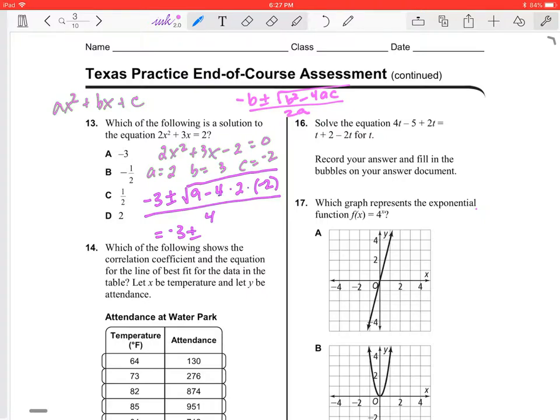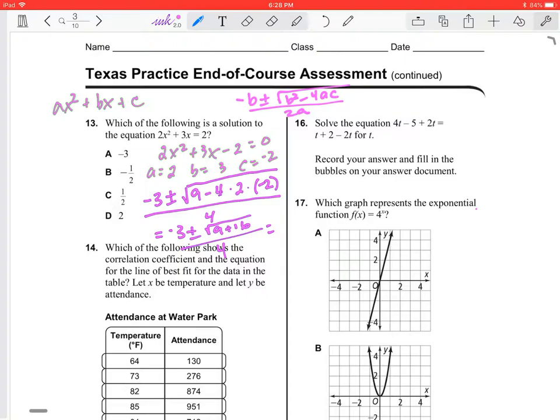Negative 4 times 2 times negative 2 gives me positive, because a negative times a negative is positive. So 4 times 2 times 2 gives me 16. Then that's going to become the square root of 9 plus 16, over 4.